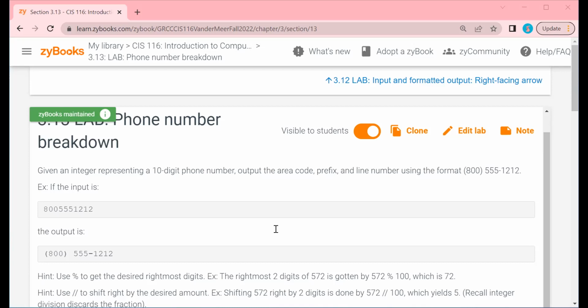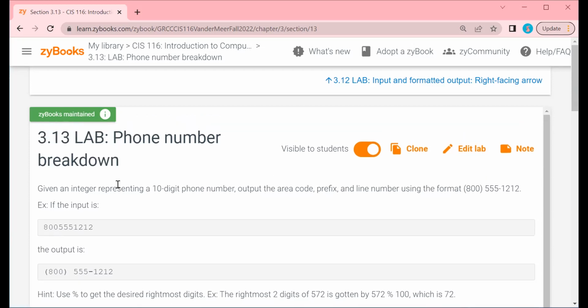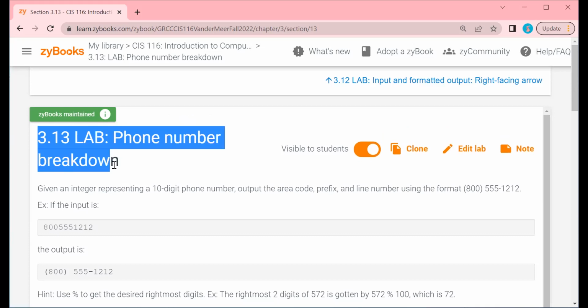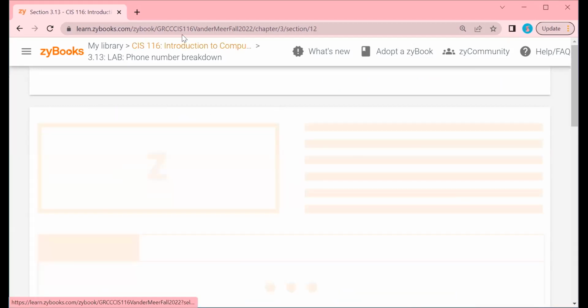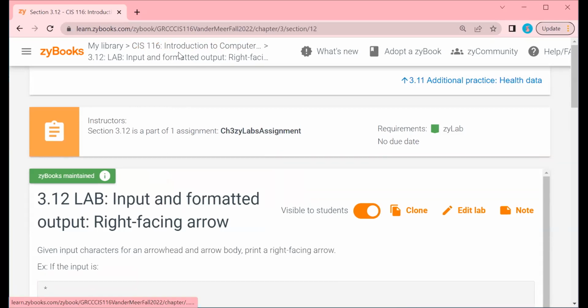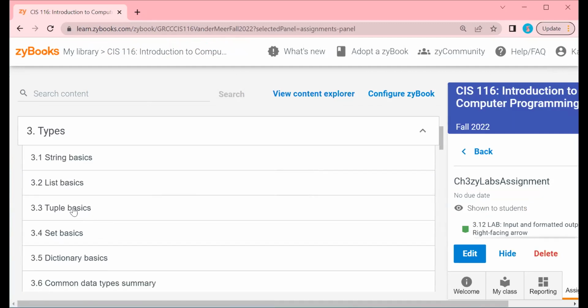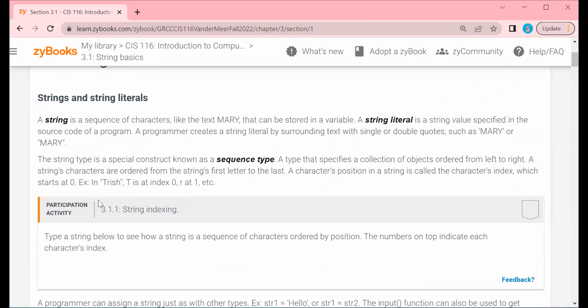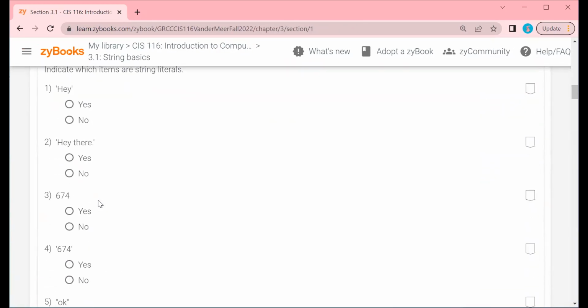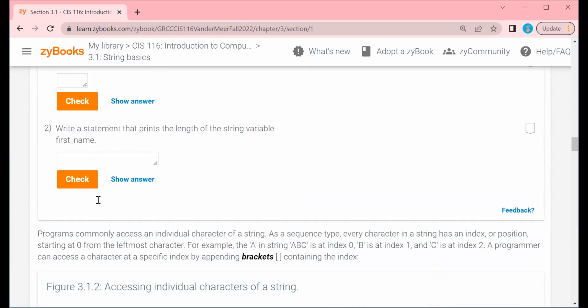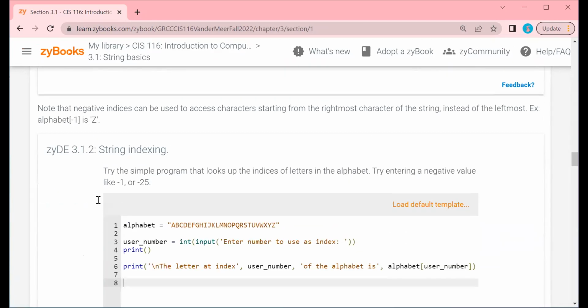Okay, for the challenge assignments, I left this one out because that one is a weird program. But that was not what you're asking me about. Can you say the number again? 3.13. Yeah, it's on strings. Challenge 3.13.